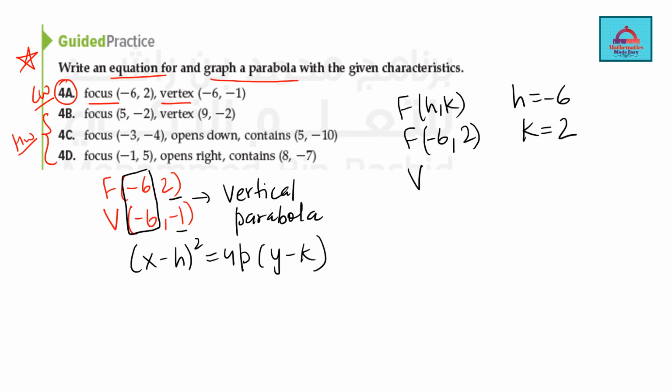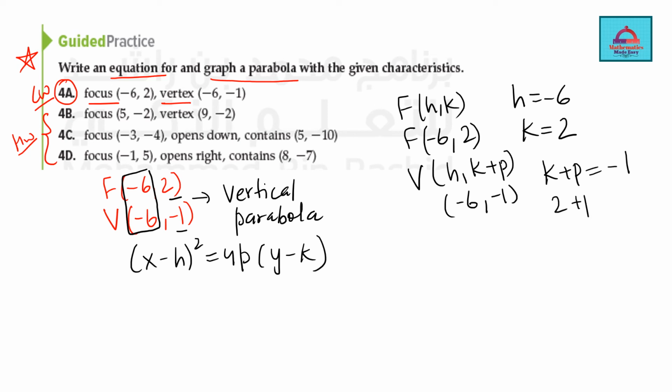Similarly, your vertex point for this kind of a parabola is given by V, which is h comma k plus p. So that means this is given to be (-6, -1). So k plus p, if you compare it, is -1.